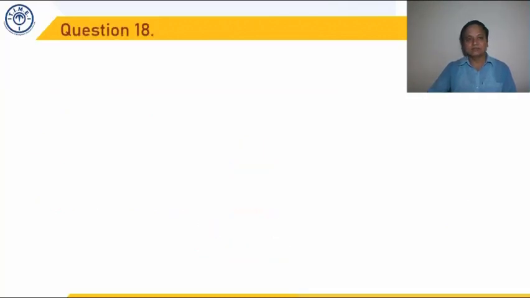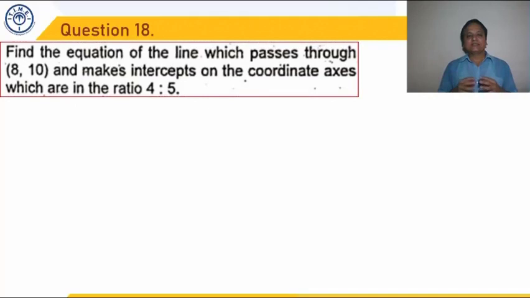Question number 18. It says find the equation of a line. We have to find the equation of a line which passes through (8, 10). Now line is passing through (8, 10), which means this point will satisfy the equation of the line, and makes intercepts on the coordinate axis which are in the ratio 4:5.